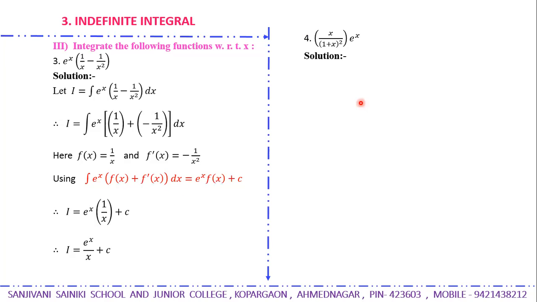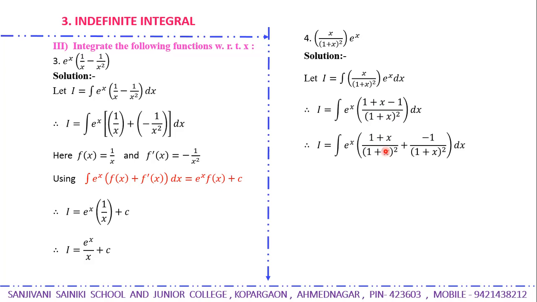Now x/(1 + x)² dx. If you see, the denominator contains 1 + x, but in the numerator there is no 1 + x, so we have to create 1 + x. So add 1, subtract 1, then divide by (1 + x)² separately. One factor will cancel and you get 1/(1 + x) plus −1/(1 + x)².